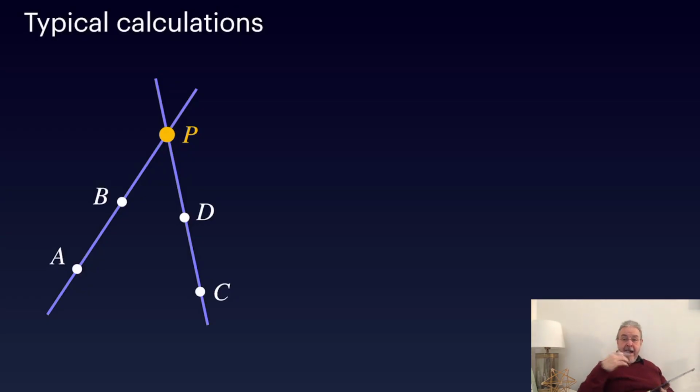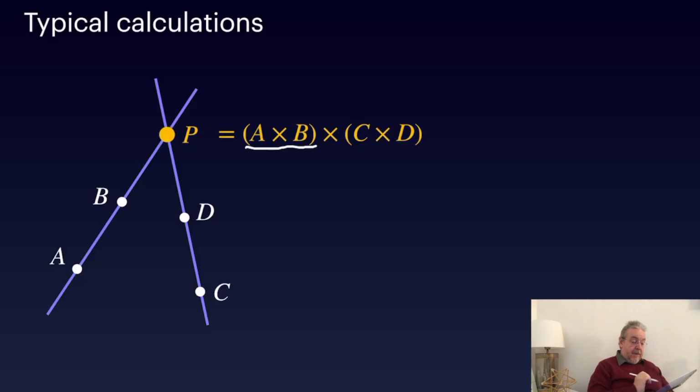After everything we said so far, this simply means that you have to calculate the join of A and B, which is nothing else but the cross product, and calculate the join of C and D, which again is nothing else but the cross product.